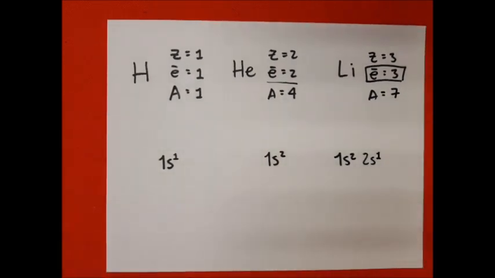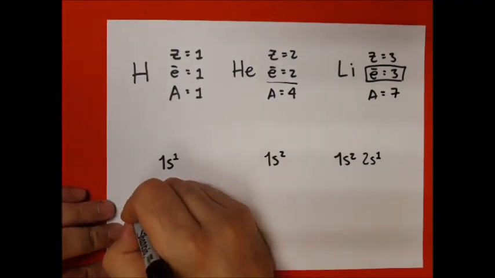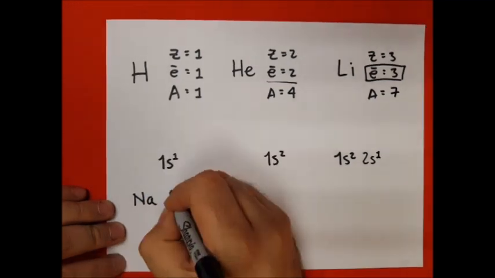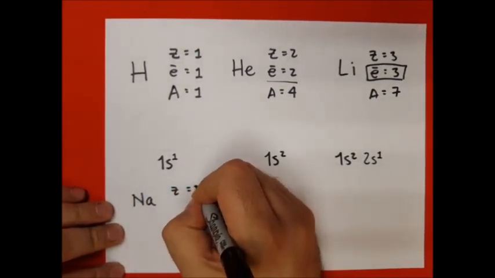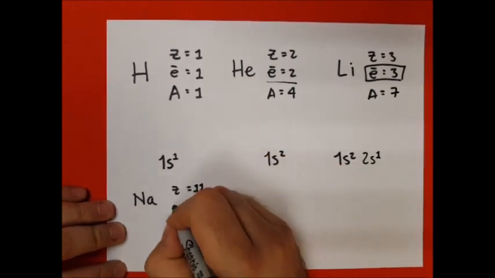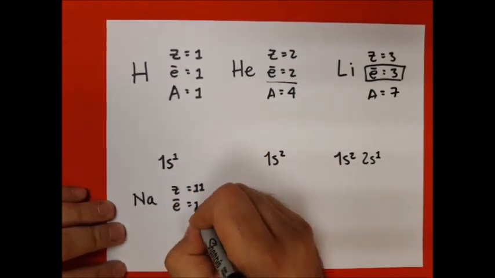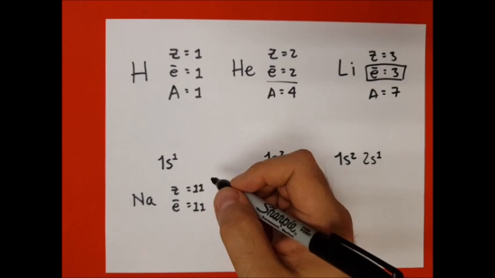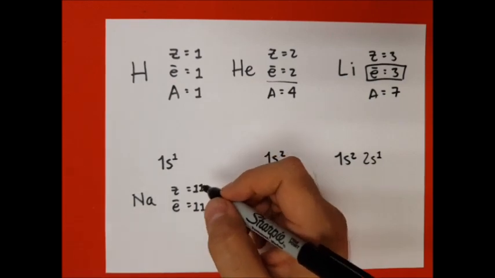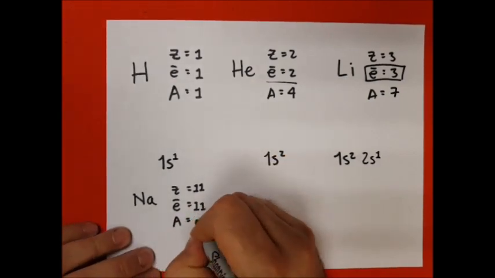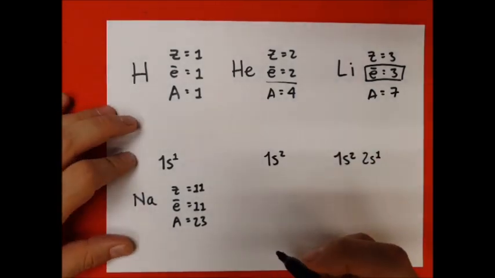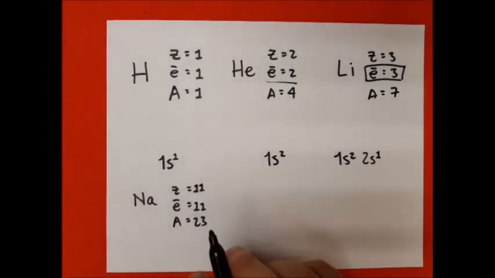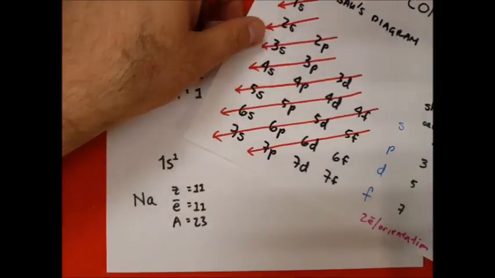Let's try again with an atom that's a little bit higher up, such as sodium. Sodium has atomic number 11, and this means that in its neutral form it has 11 electrons. Its mass number is usually 23, meaning that it has around 12 neutrons. So we go back to our diagram, which we're going to have here as a cheat sheet.